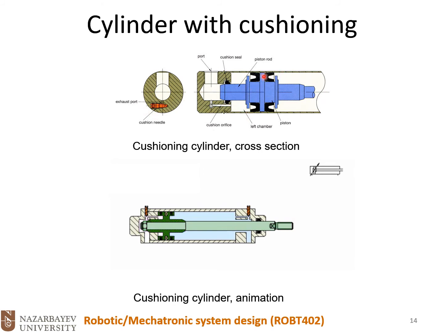Once the piston reaches the end, this piston rod starts to penetrate into the chamber, and the air needs to escape from this small orifice. That decelerates the piston and smoothly brings it to the end.